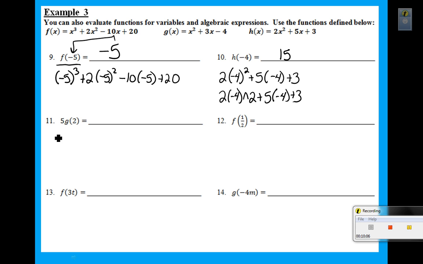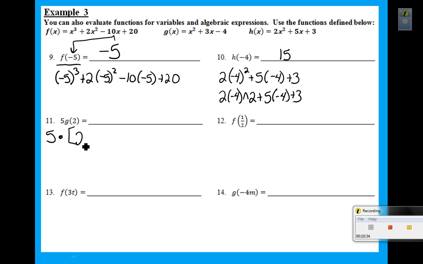It says 5 times whatever g of 2 is. So I'm going to go 5 times, and I'm going to use a bracket to show you that we're going to do something different. I'm going to go hunt down the function of g, which is the middle guy, and plug in a 2.